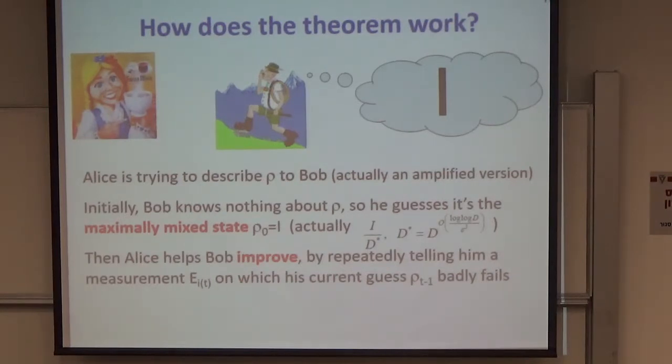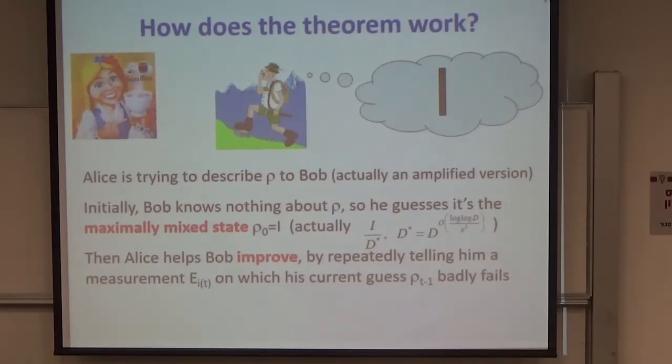Then Alice will tell Bob for that measurement what the answer should be, and Bob can use that information to improve his guess. So let's say his current guess after t iterations is some state that we'll call rho sub t minus 1.